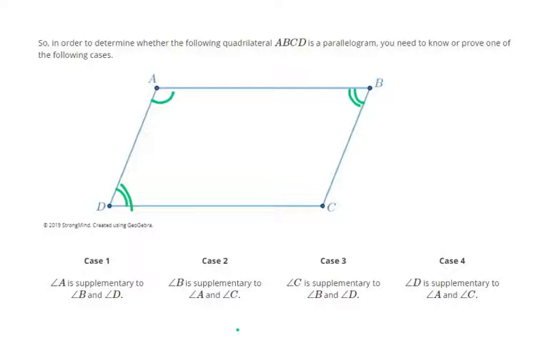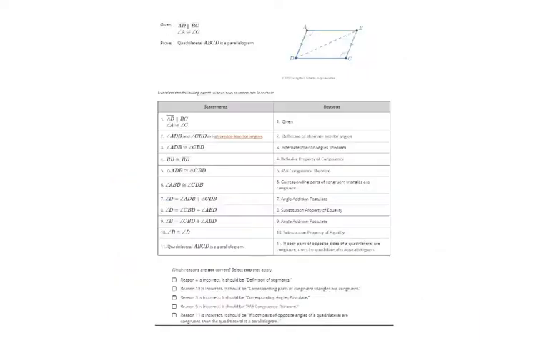So basically, if one angle is supplementary to both of the angles on either side of it, then the quadrilateral is a parallelogram. So we're looking for whether or not it's a parallelogram. One angle supplementary to both of those things, and then boom, it's a parallelogram.